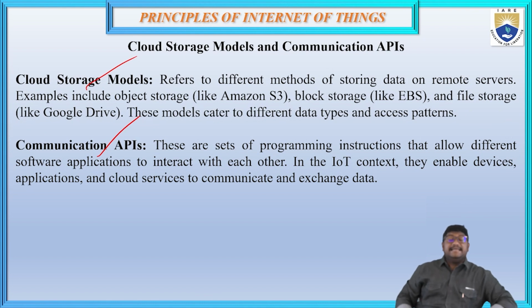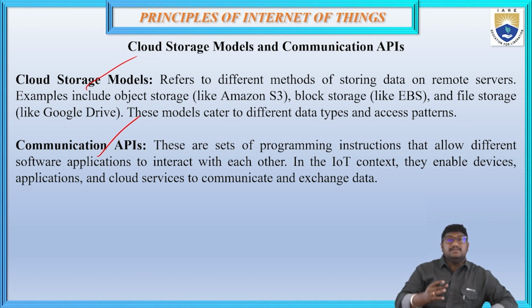And coming to it, the first one we are going to start with is introduction to cloud storage models and communication APIs. What was a cloud storage model and what was a communication API? Cloud storage model refers to different methods of storing data on remote servers.